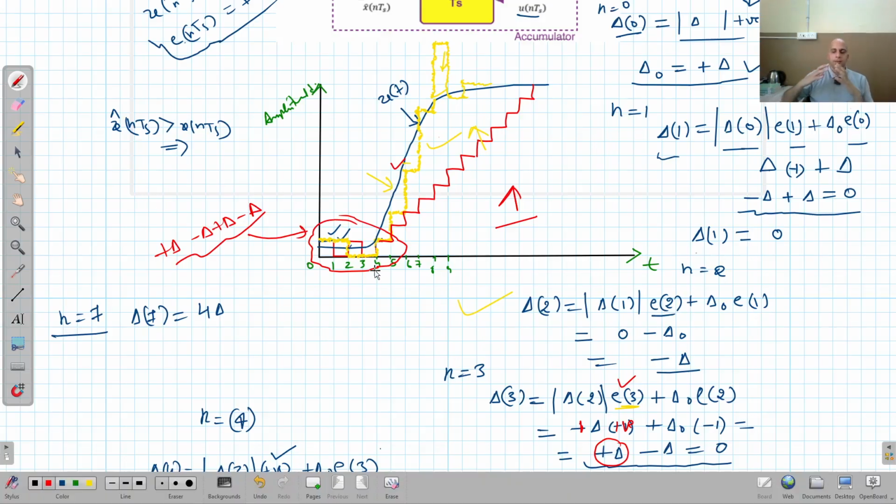As far as the advantages of this adaptive delta modulation are concerned, obviously the advantages include the reduction in the noise and distortion in the resultant digital signal that is generated.